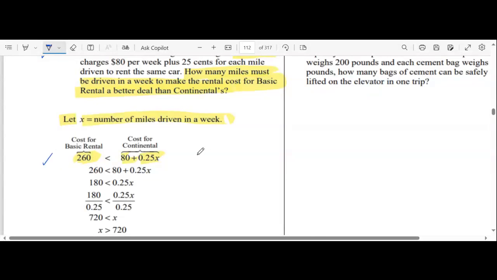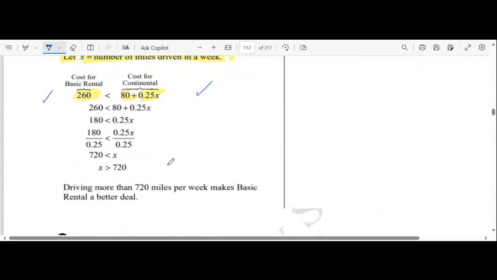How much is the Continental? 80 plus 0.25 times x. So now we do the calculation, and at the end it comes to what? 720. x must be greater than 720.